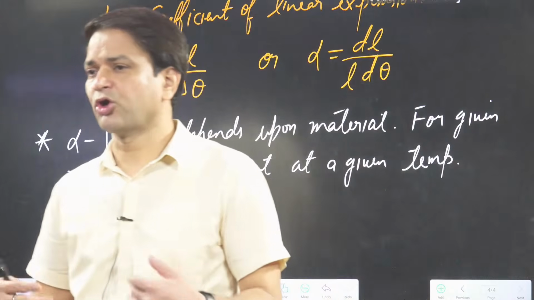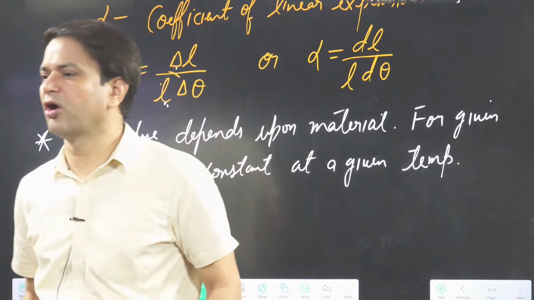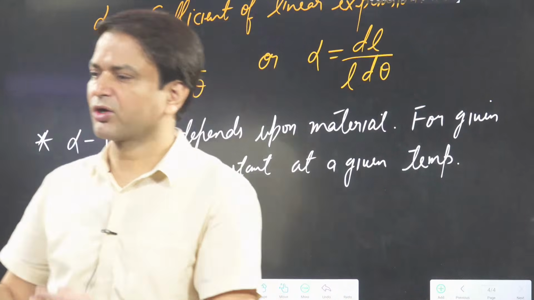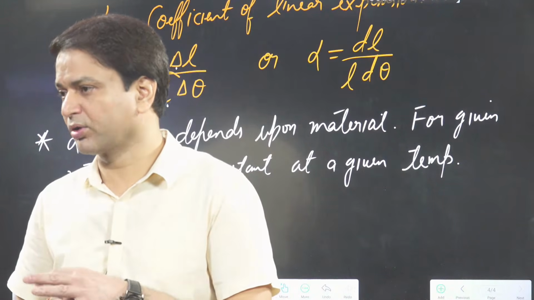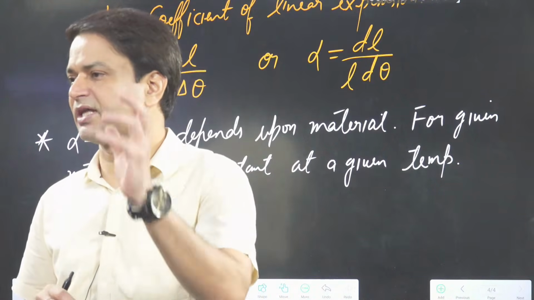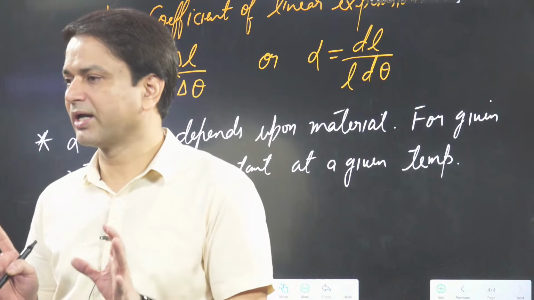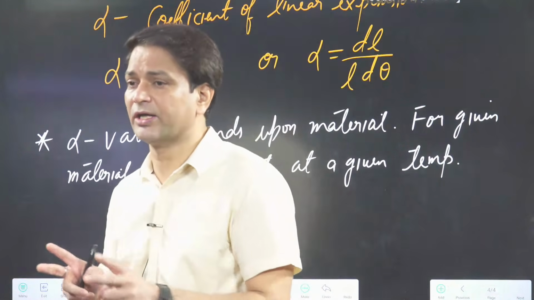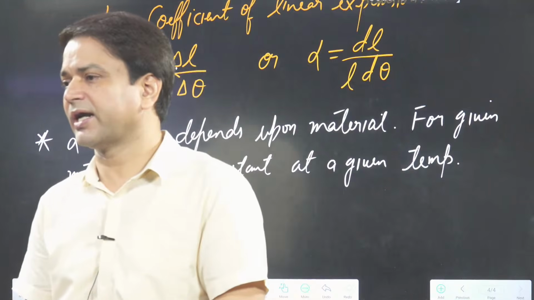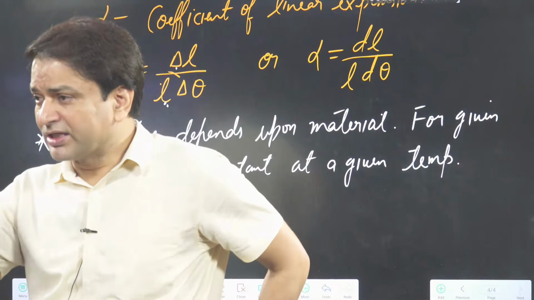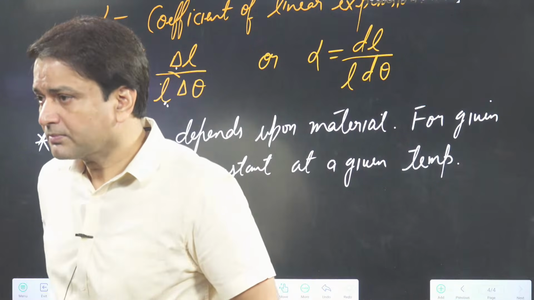Like copper: copper will have its own value of alpha. Silver, copper, aluminium, each has its own. So alpha value depends upon the material, and it will not change with changing the length. Is everybody getting it or not?